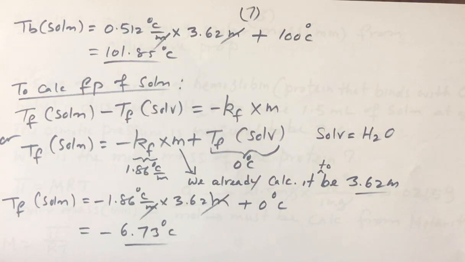Notice that the boiling point of the solution has gone from 100 degrees Celsius, which is the pure water, to 101.85. Because of the addition of ethylene glycol, we have increased the boiling point of the solution, and that is what we refer to as the boiling point elevation.